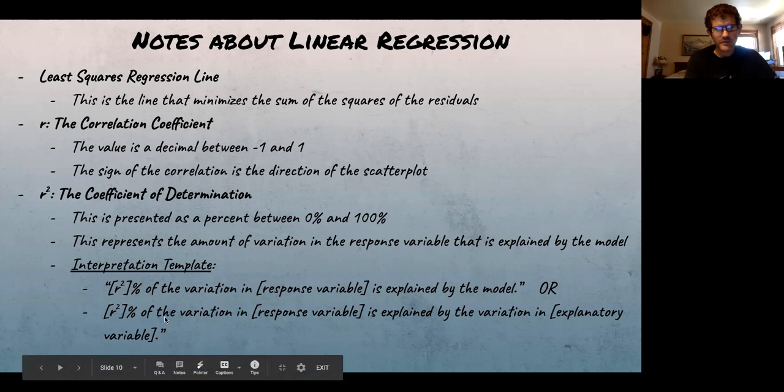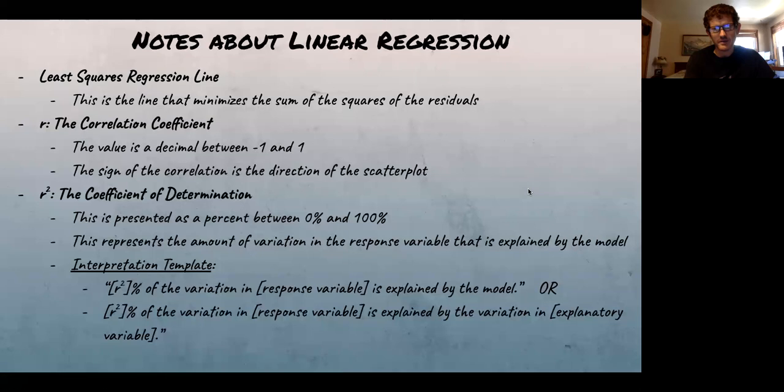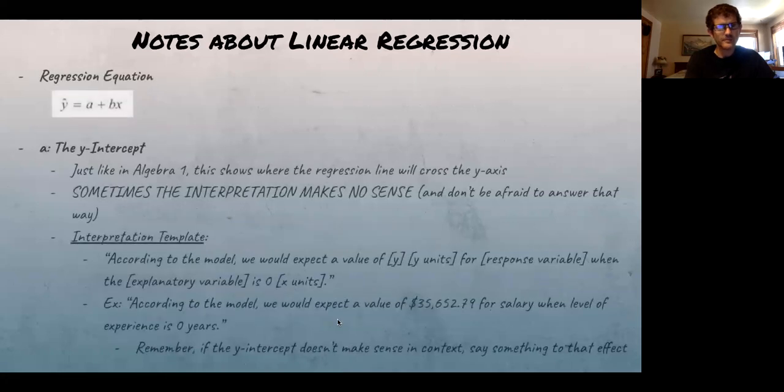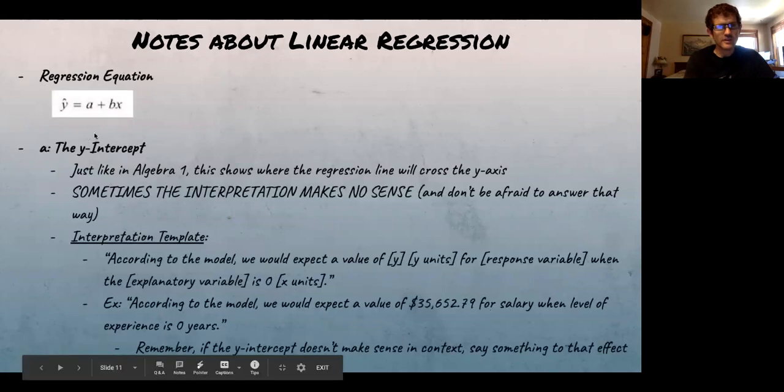You could also say, we haven't really done it this way, blank percent of the variation in the response variable is explained by the variation in the explanatory variable. I don't have an actual example where I plug in some context, but I do for some other templates, so we'll see that. The regression equation is given right here.